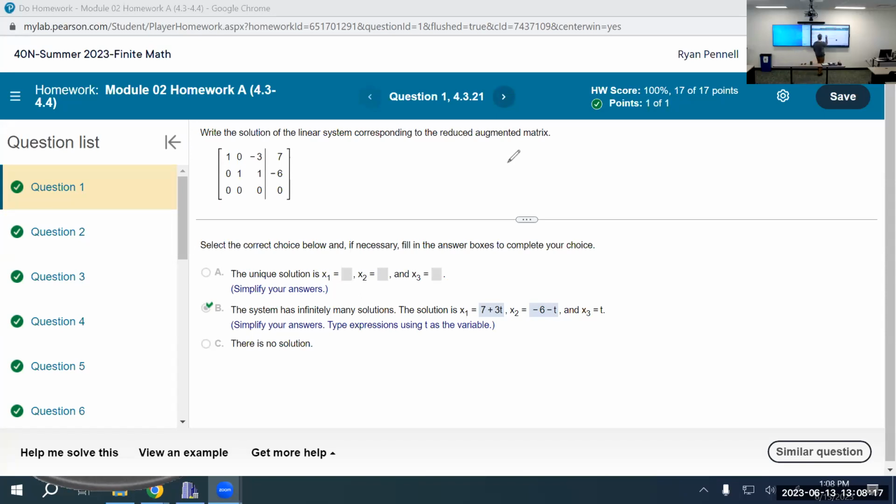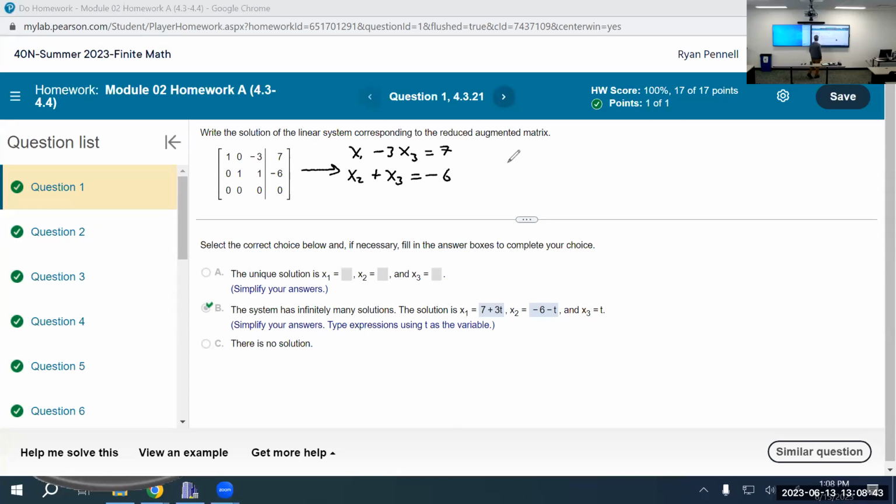We looked at something like this before. Let's look at it again. They're using x1, x2, x3. We could think of it as x, y, z. Either way: x1 minus 3x3 equals 7, and x2 plus x3 equals -6.